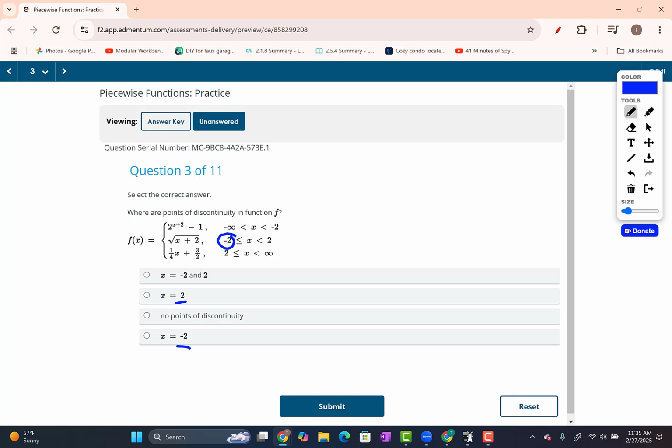Now, if it doesn't exist for this middle equation, then that means -2 would be one of our points of discontinuity. But we can see here clearly, if we take this equation, take it off to the side, and replace x with -2, well, -2 plus 2 is 0, and you can take the square root of 0 and get a real answer. 0 is an answer.